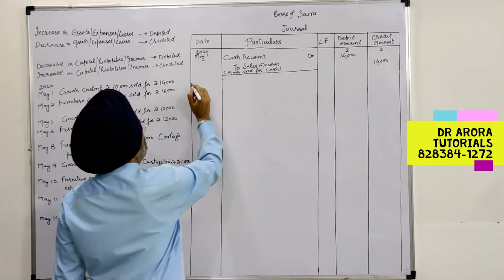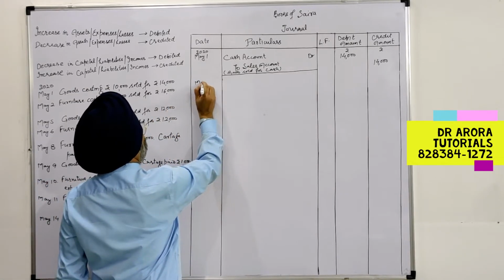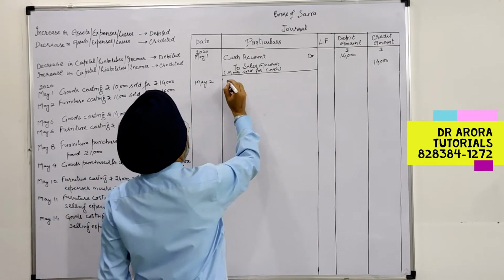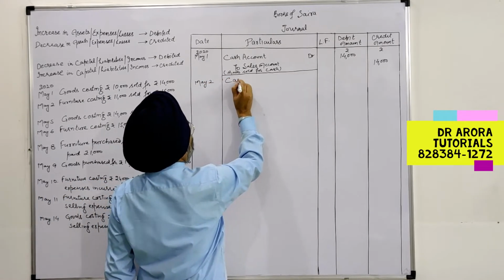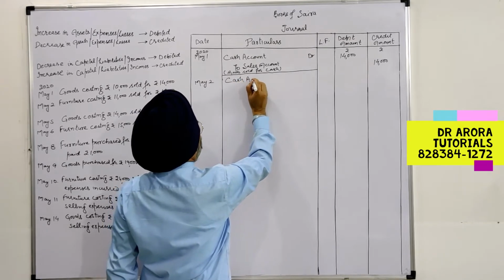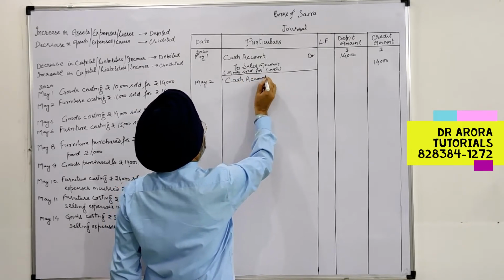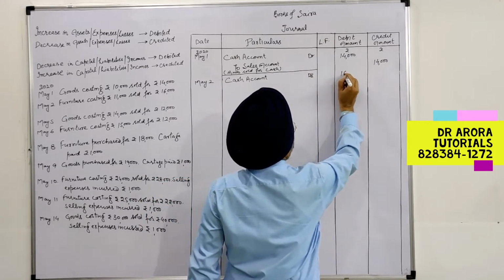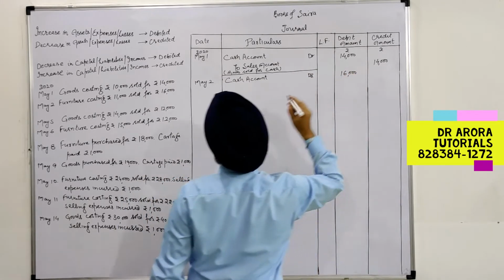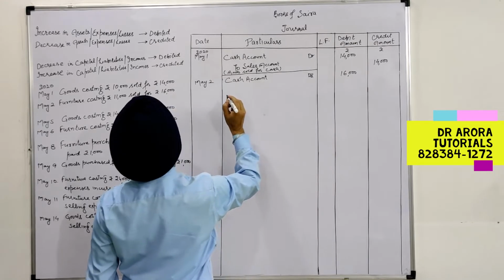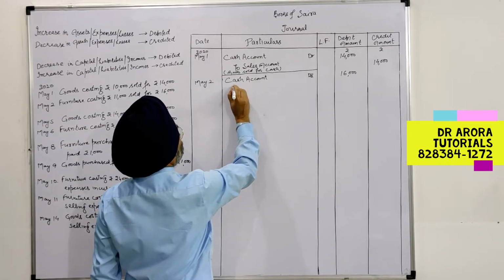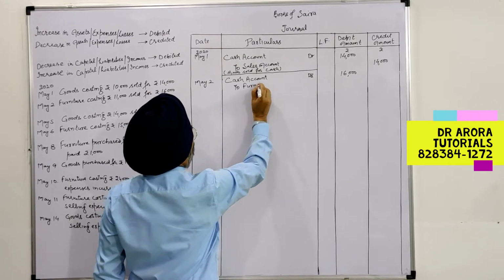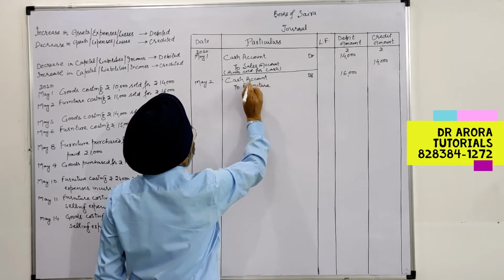On May 2nd, when furniture is sold for 16,000, it means the cash we are receiving is 16,000. But furniture costing rupees 11,000 has been sold. So decrease in asset, or credit what goes out.